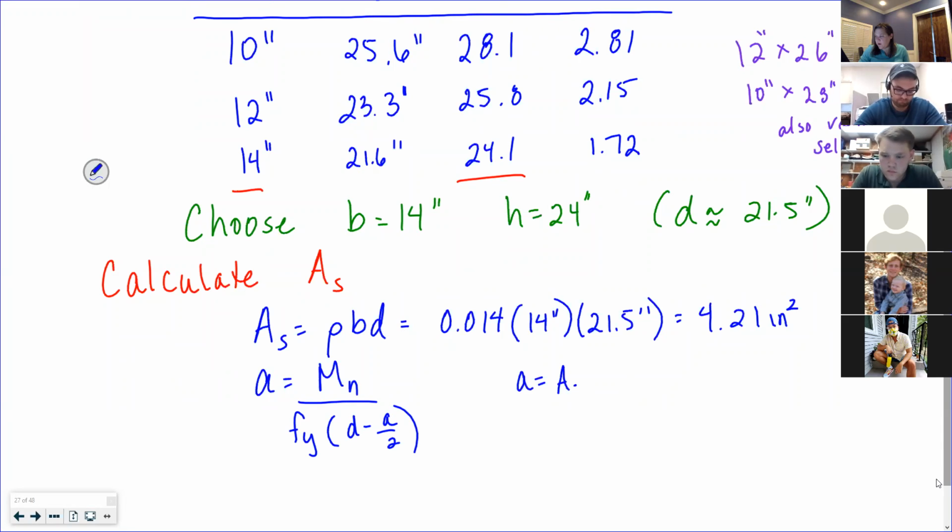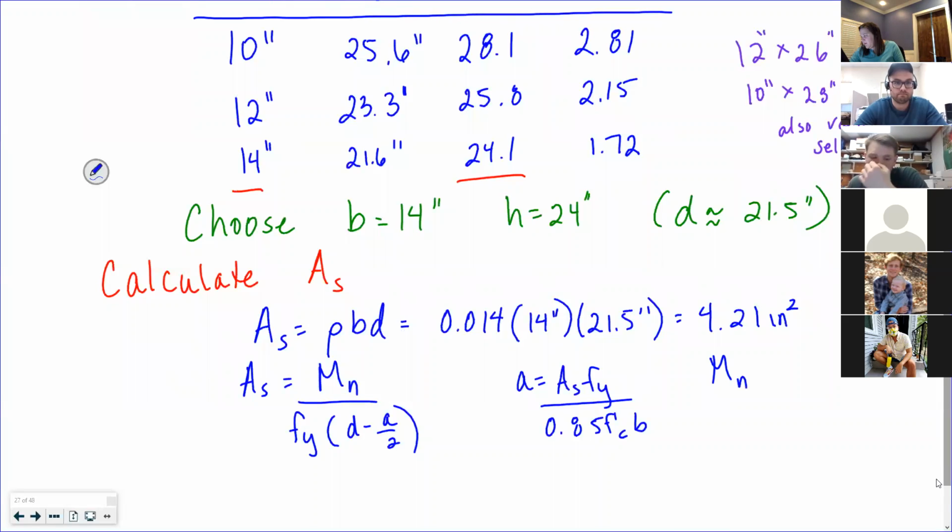A equals A. Oh, wait a second. I have two equations, correct. Right. And then 361 feet and 12 inches per foot divided by 0.9.